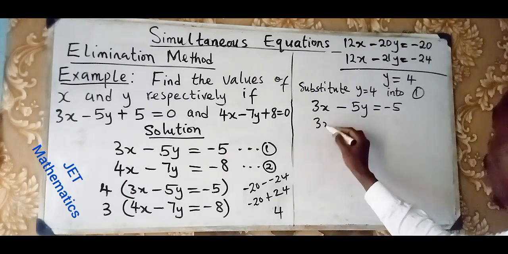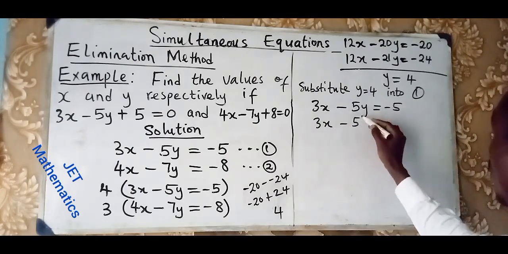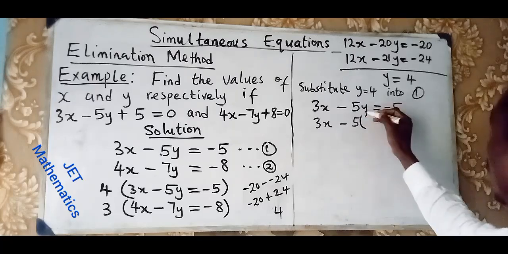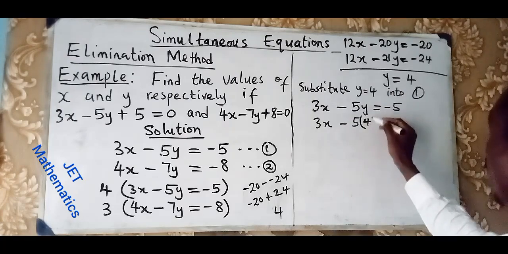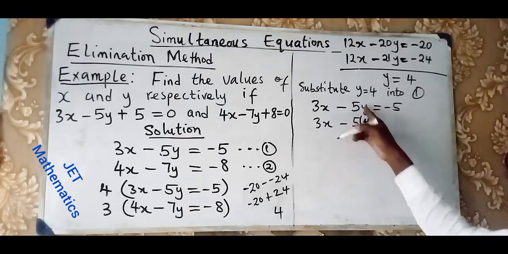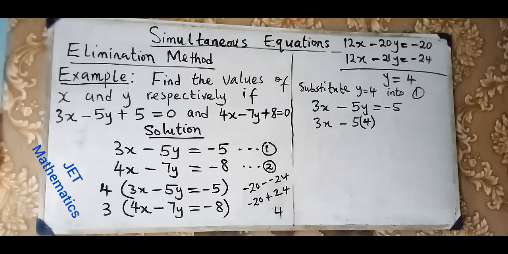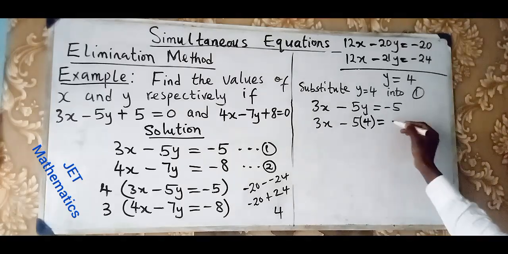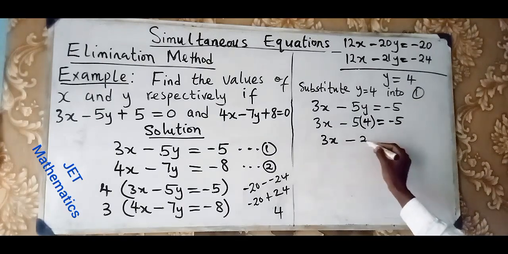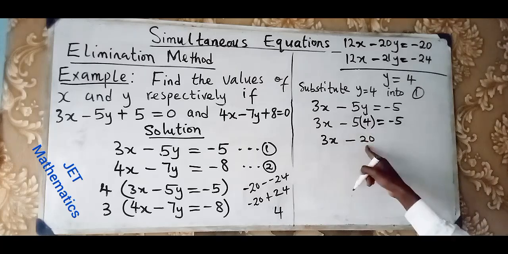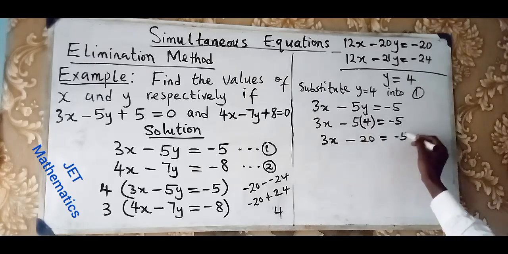So that gives me 3x minus 5, and instead of writing y, we substitute the value for y, which is 4, equals minus 5. So this gives me 3x minus 20, since 5 times 4 is 20, equals minus 5.